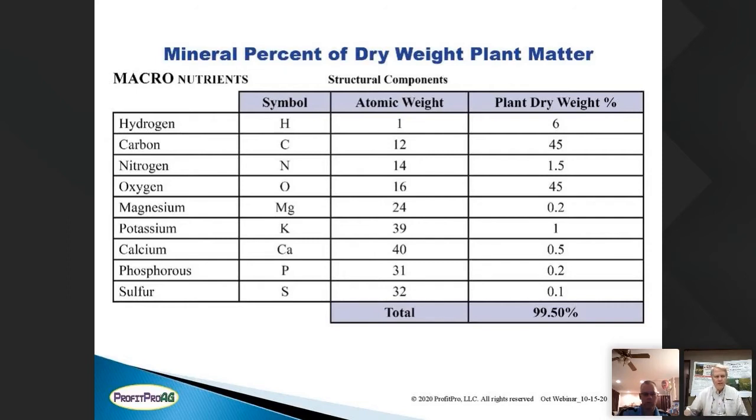But the fact is, carbon, as you can see, now when you look at this chart, you'll see that we measure the weight of these elements by atomic weight. Hydrogen is 1, carbon is 12, nitrogen is 14, and oxygen is 16. So in relationship to all the other elements that come into the plant, these are low weight elements.